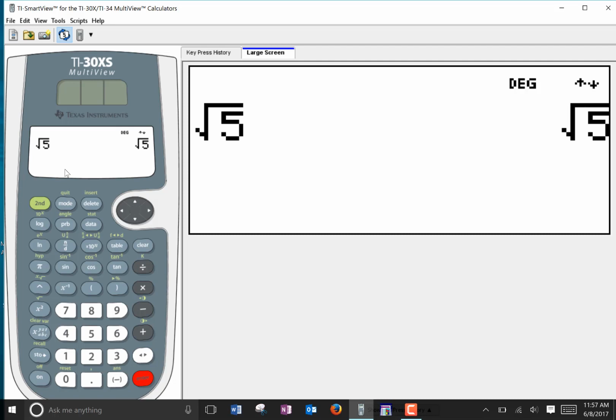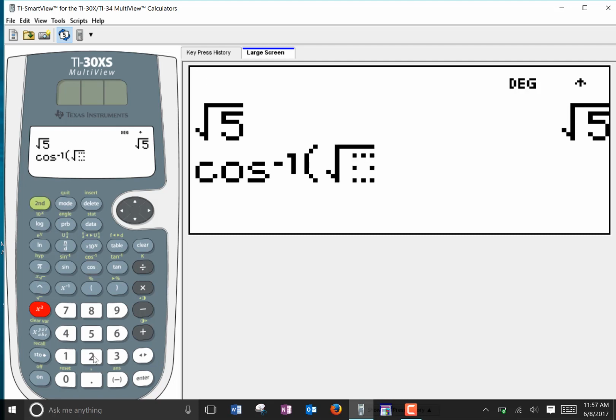If you're trying to find an angle, so if you're given, let's say, the cosine of a function and you want to find the angle that it came from, if I type in second cosine, it goes backwards, and so if you type in the cosine that you have, so if I were to hit square root of 2 over 2, the square root of 2 over 2 happens to be the cosine for 45 degrees, and it will give me the degree measure.